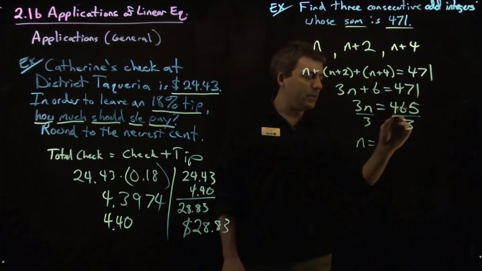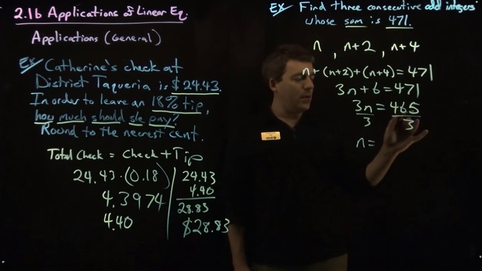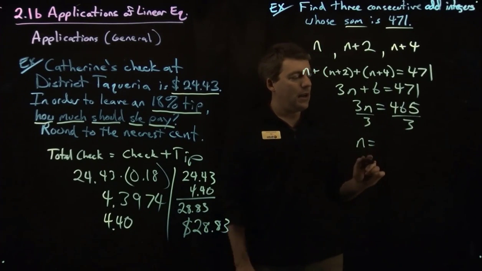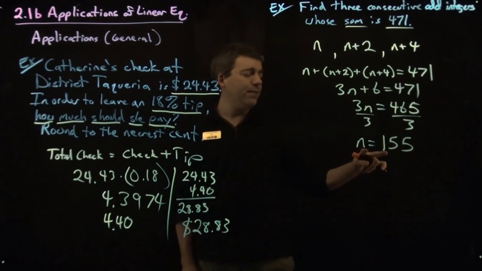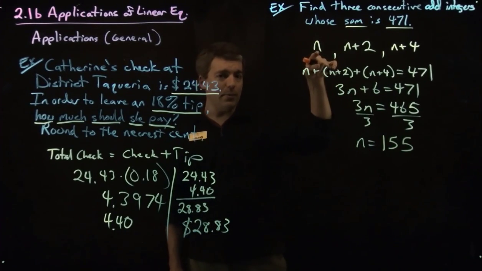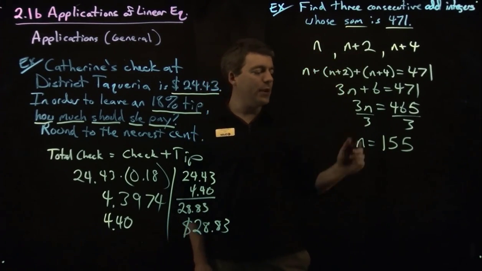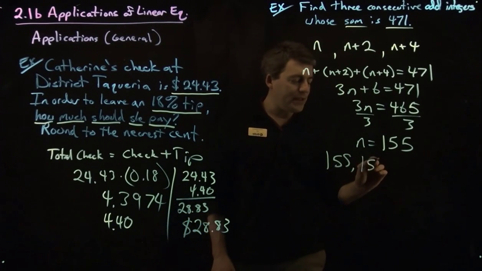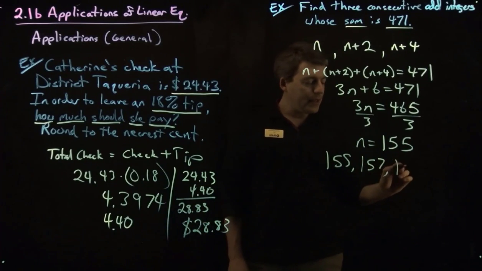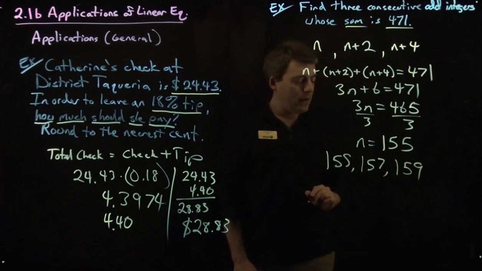So n is going to be, you can use your calculator for this, 155. Okay, so that means the first odd number is 155. The next one is going to be 157. And then the last one will be 159.